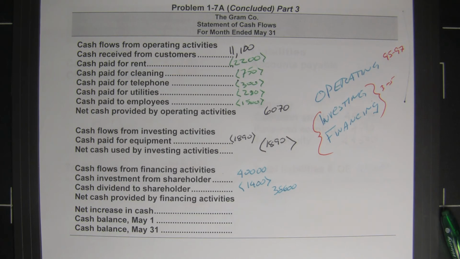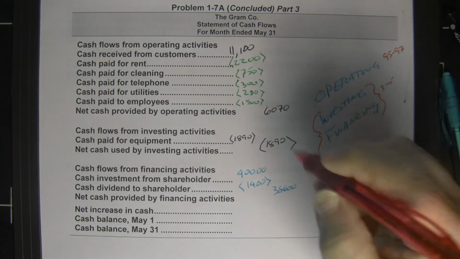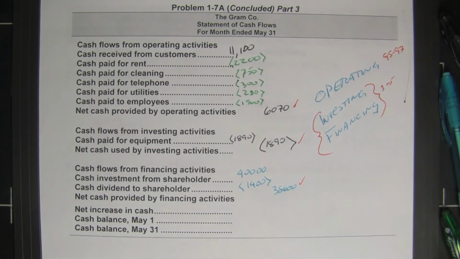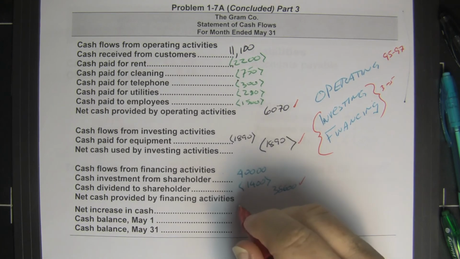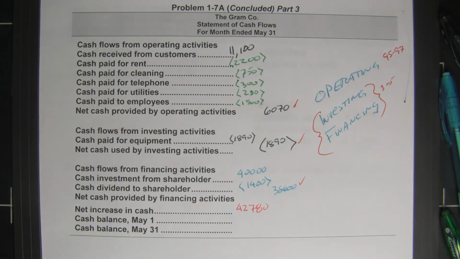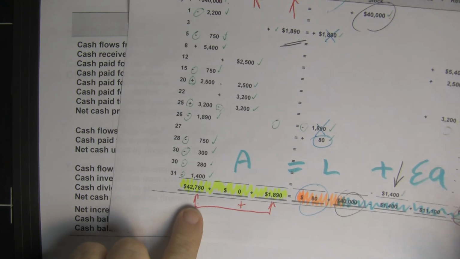So, our net increase in cash, we add these three together. That, and that. We add those together, we come to $42,780. Now I want to point out something to you. That's the number here.